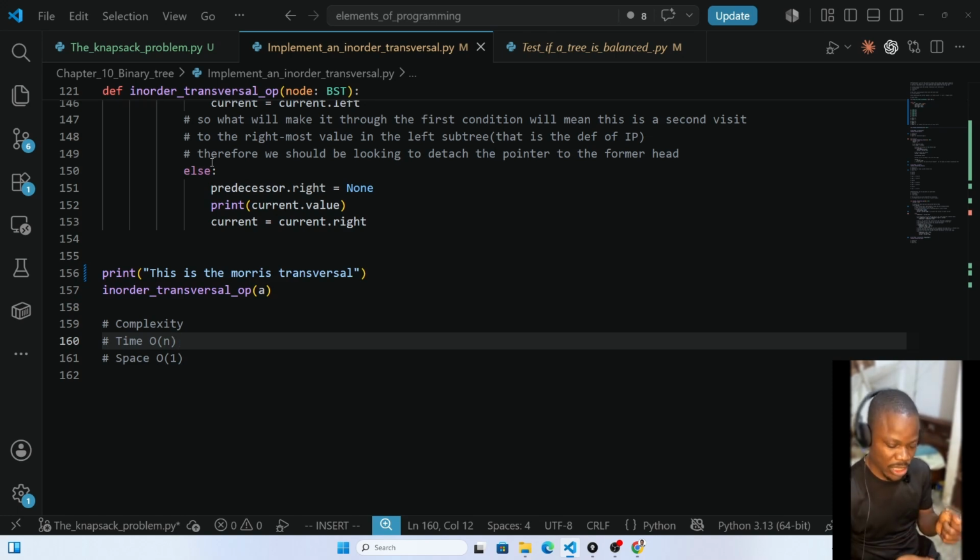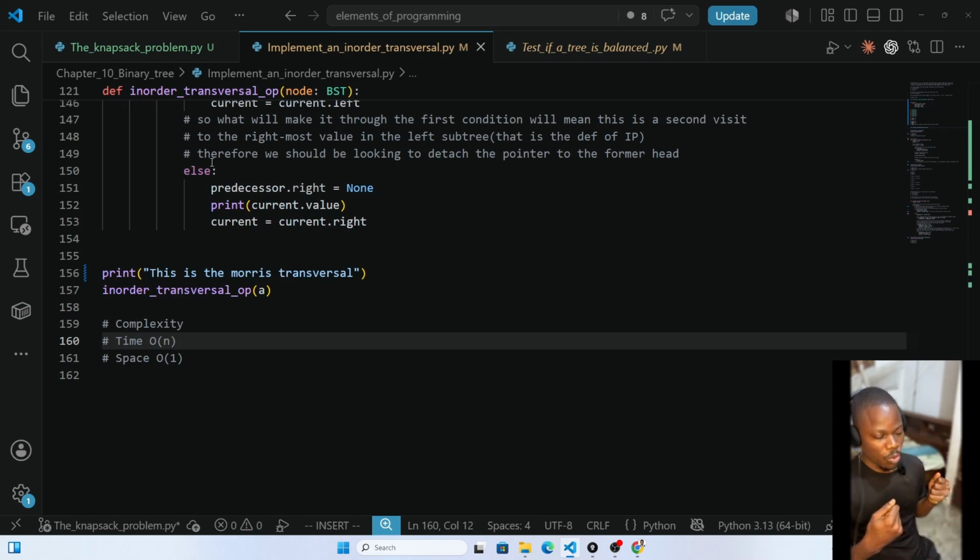Basically it's just functional movements between the tree that now helps us return this value. So there's no space usage, and that's the beauty of the Morris traversal. It is space ideal in a sense, because it doesn't use any space.